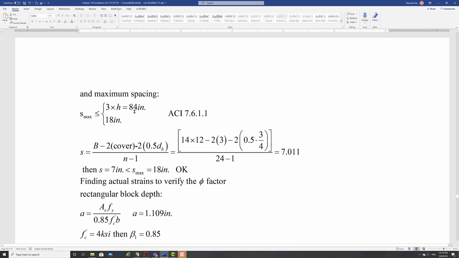My maximum spacing is 18. So now I look at my spacing, and I go B minus 2 times my cover minus 2 times half of the diameter of the bars.